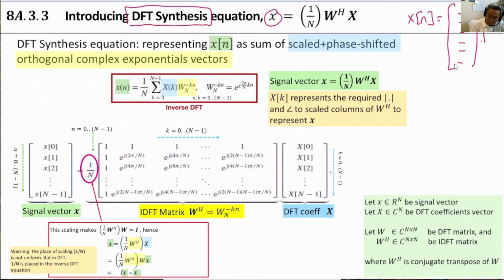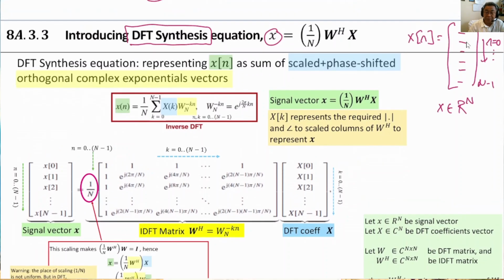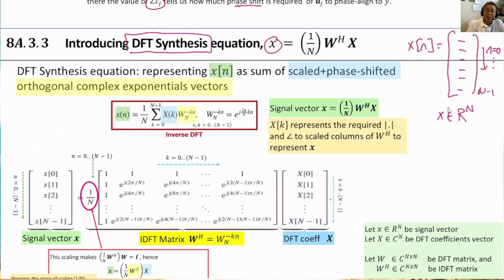And n goes this way, n equals 0 to n minus 1 for the last term, and therefore x belongs to R^n, a vector of n elements. Okay, so this x is representing a vector.